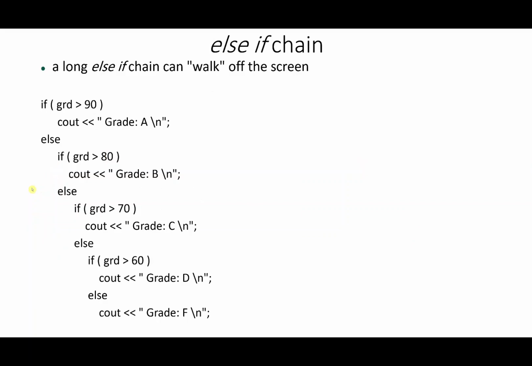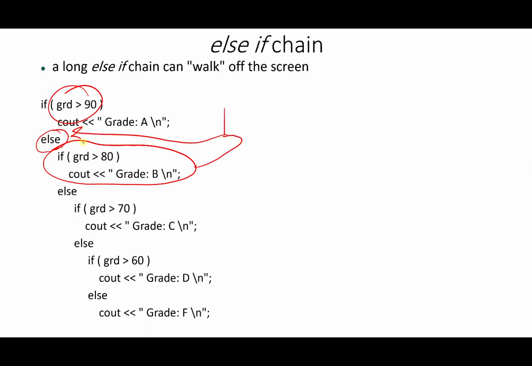Okay, we have the else if chain, right? We said if else chain. So in the ancient times, they were doing the if else chain like this. Depending on the condition of the previous if, I would have an else, and I would have the next if as the block of this else.